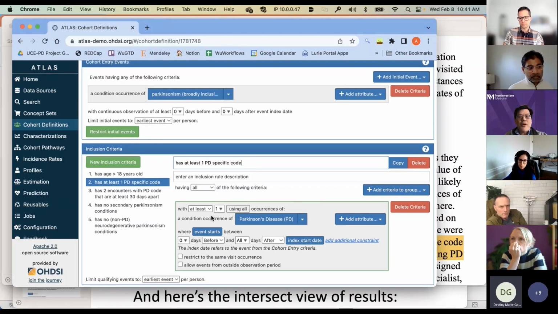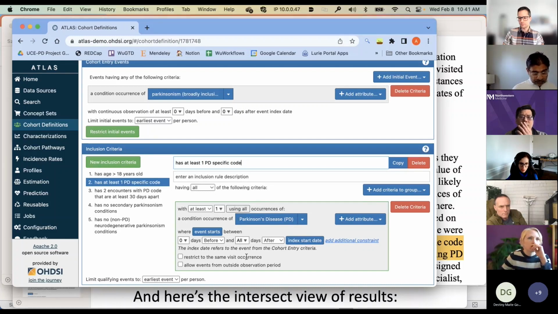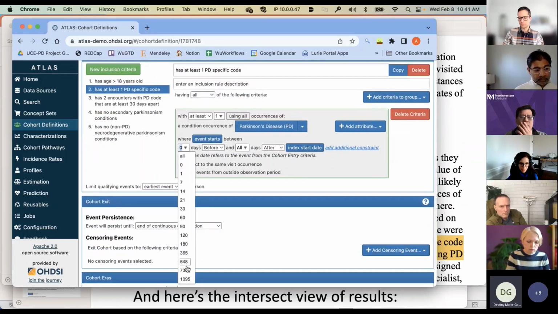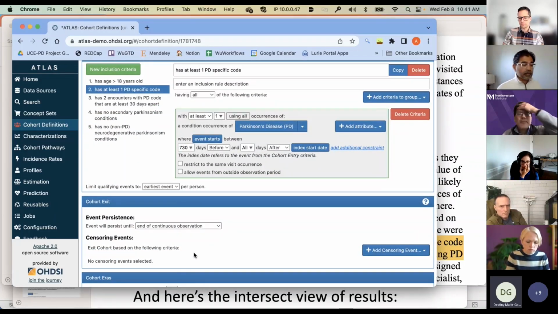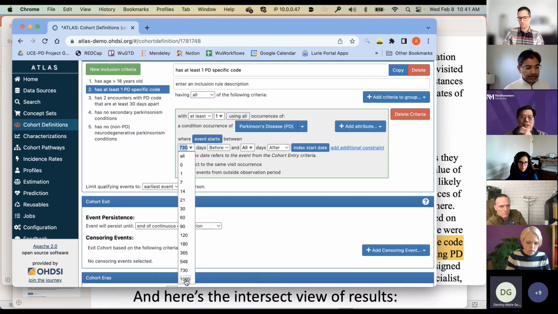But we want a PD code within the last 3 years of the last observation of any of these. Just simplify this. You will put 3 years in the time at the bottom, instead of 0. Currently you have 0 before, all after. So basically this is something you want to apply on 1,095. This will be 2 years. I figured you guys knew.